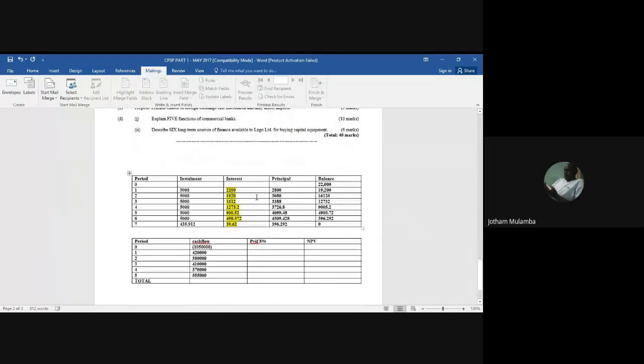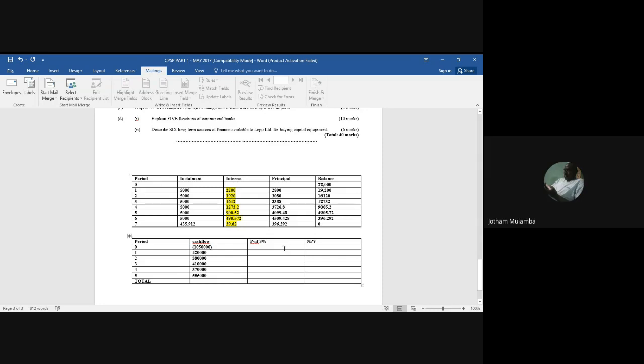I know there are two tables, PVIFA and PVIF, but identify the one that has PVIF. Have you seen it? Yes.